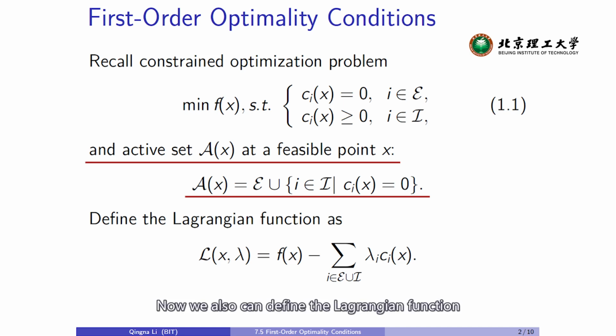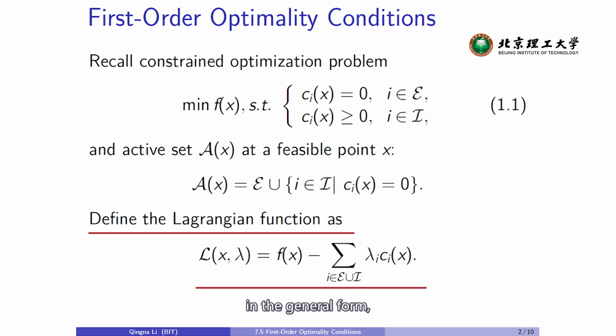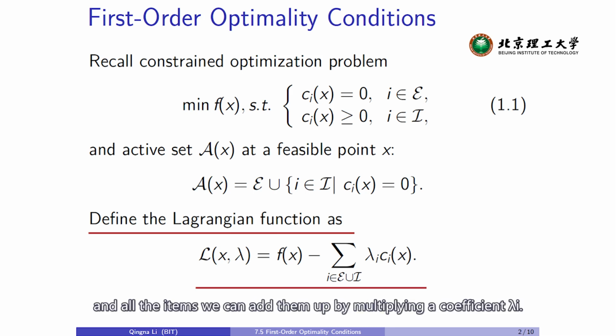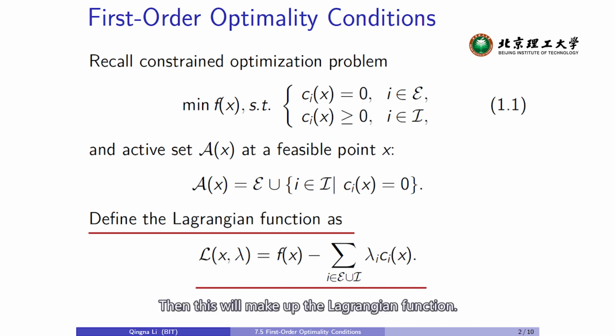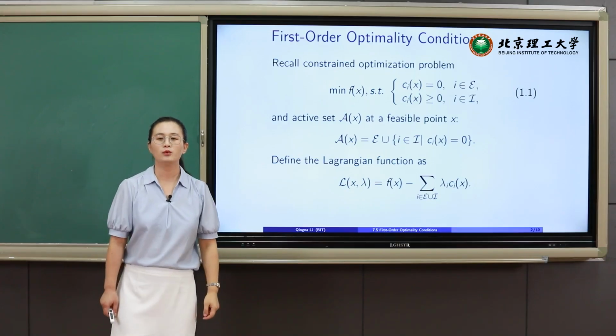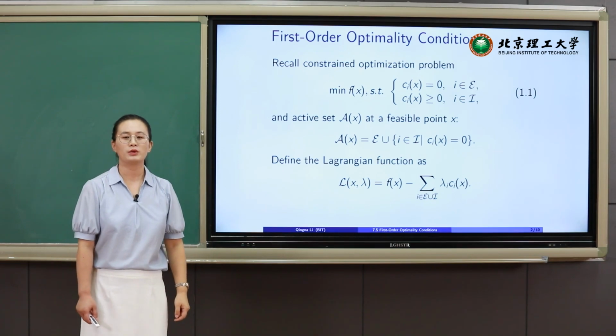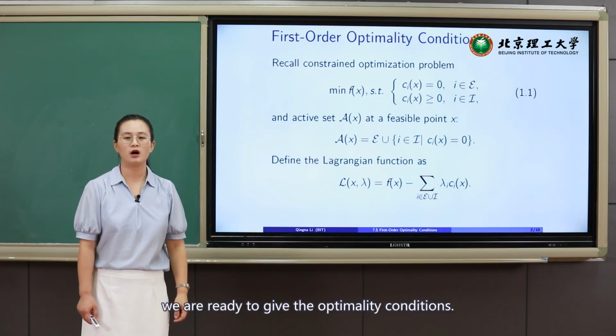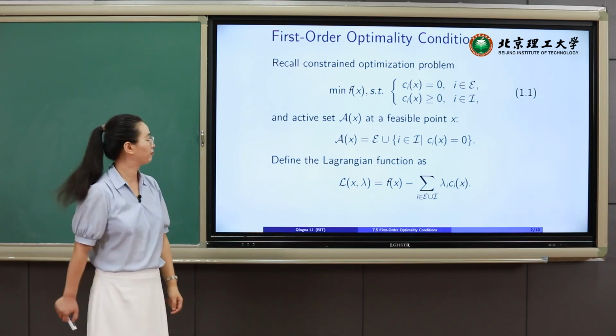Now, we can also define the Lagrange function in the general form, which means that we have equality constraints and inequality constraints, and all the items, we add them up by multiplying a coefficient lambda i. Then this will make up the Lagrange function. With this Lagrange function, we are ready to give the optimality conditions.